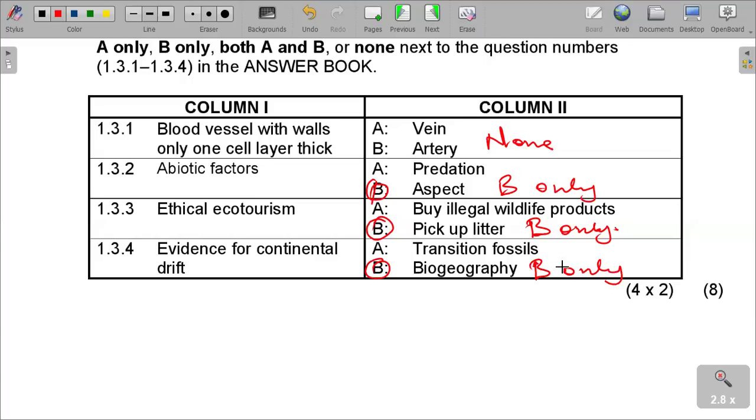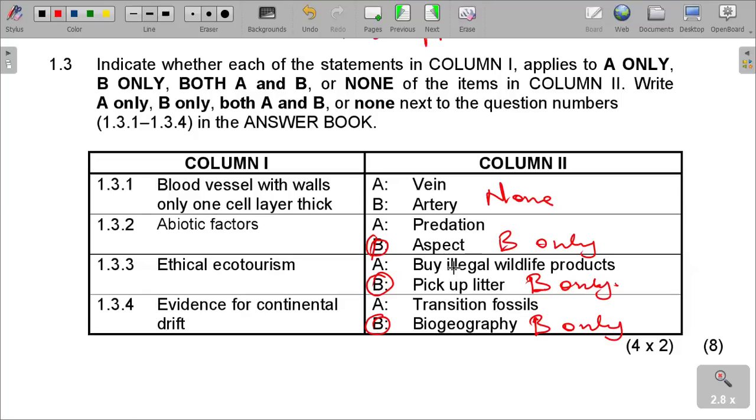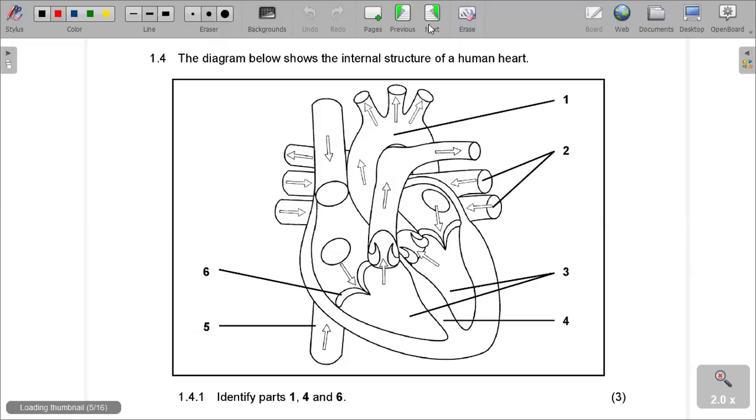These are types of evidence of continental drift, and it is biogeography that is explaining finding similar organisms in different continents or different places. This is explained by the continental drift theory. So it is B only, which is number 4. So as you can see, you can get all the marks correct there.